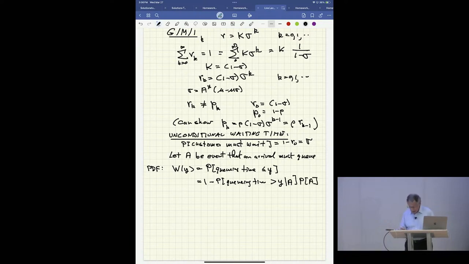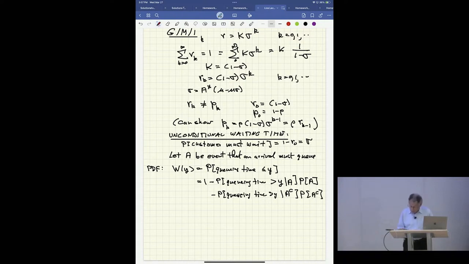But I have to take all possible conditions if we're going to do a conditioning. The other condition is the probability that the queuing time is greater than y, given the complement, that the arriving customer does not have to queue, times the probability of the complement. So that's a correct equation, obviously.